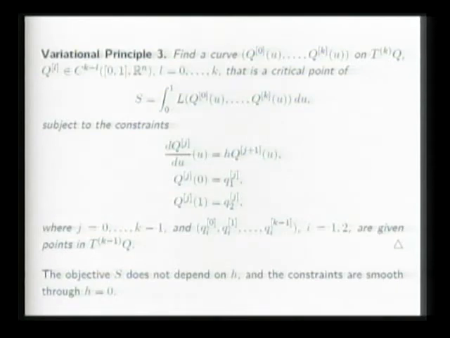The differentiability degrees of each one of those will be, this one will be C^k, and then it goes down up to this one, which is C^0.